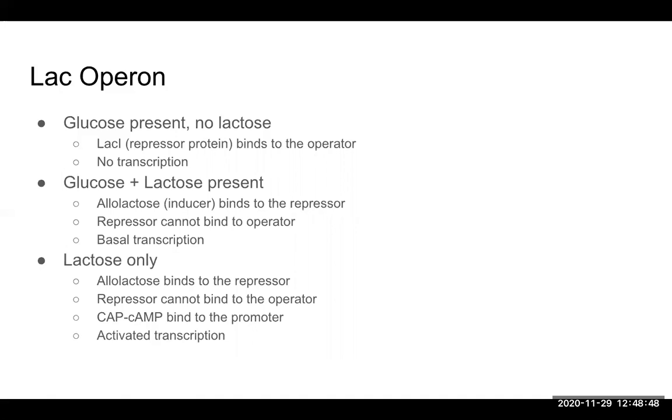Your repressor cannot bind to the operator, so that's going to create a very low level of basal transcription. When you only have lactose, your allolactose still binds to the repressor so it cannot bind to the operator, but then you get your cyclic AMP-CAP complex that we were just talking about, and this activates your transcription.